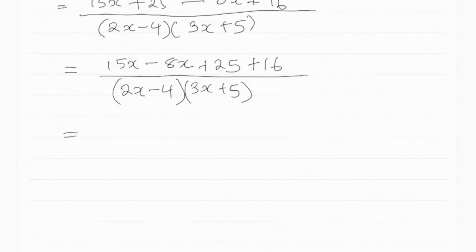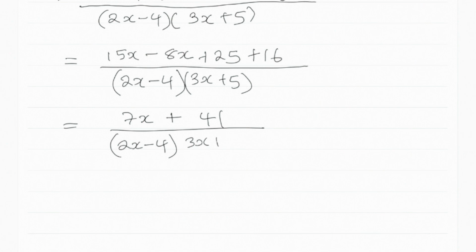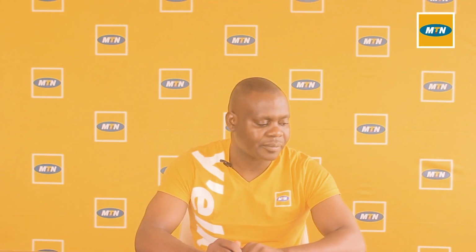When we simplify this, we're going to have 7x plus 41, everything over (2x minus 4)(3x plus 5). And this is our final answer. We have expressed that fraction as a single fraction.